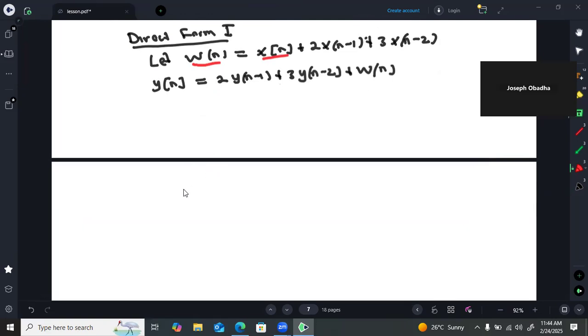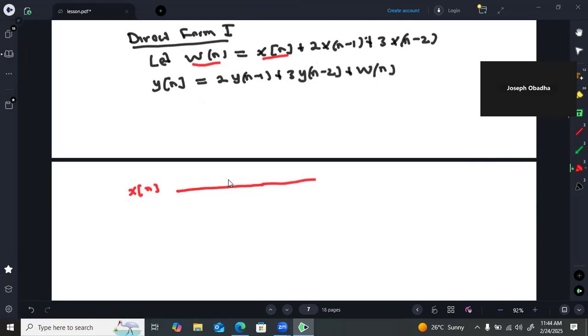I will have the x of n as the input, w of n as the output, and you can see w of n will be made up of delayed versions of the x.